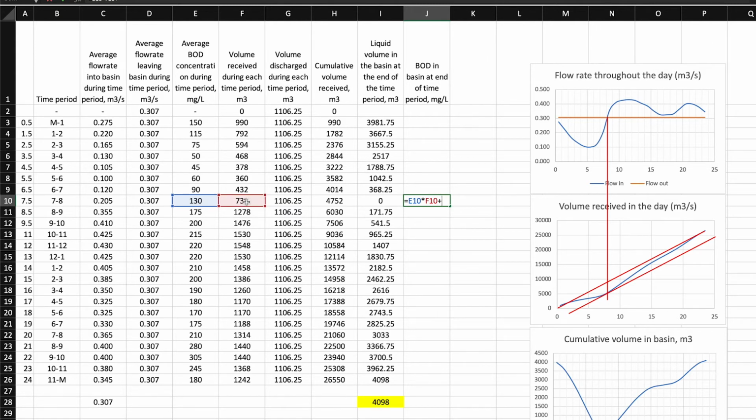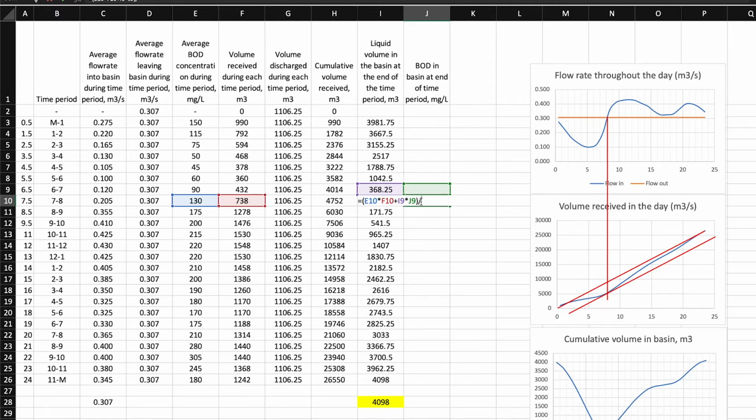To that, we're going to add the BOD that was previously in the basin. This value right now is blank, but later on we'll fill that in.